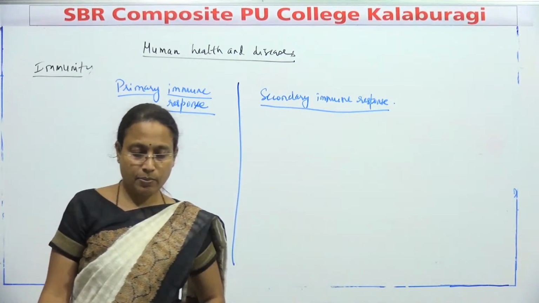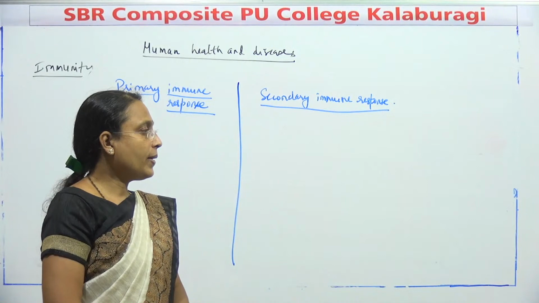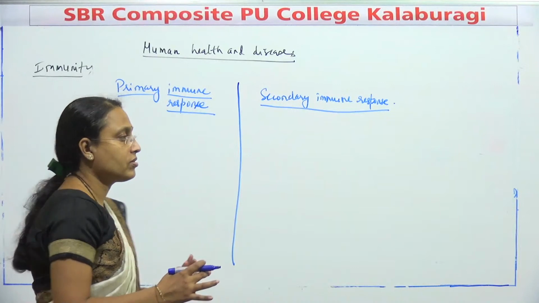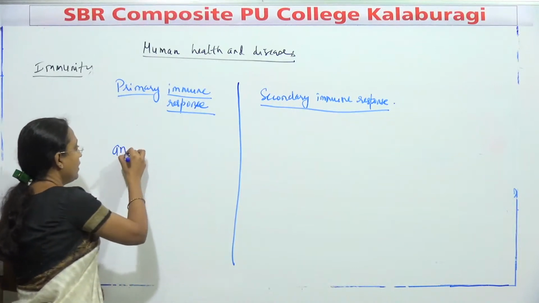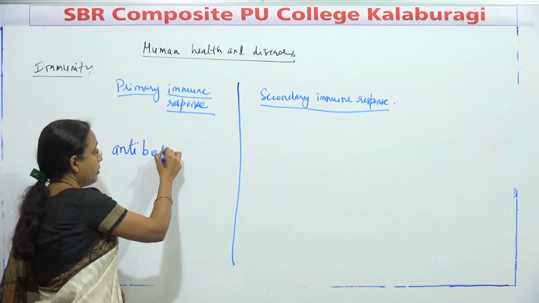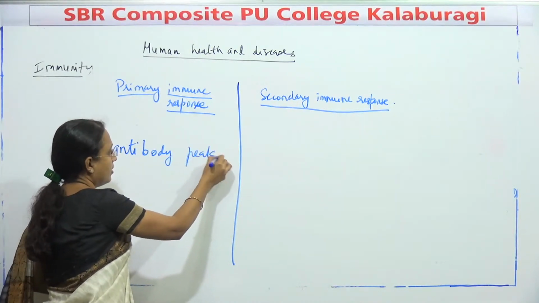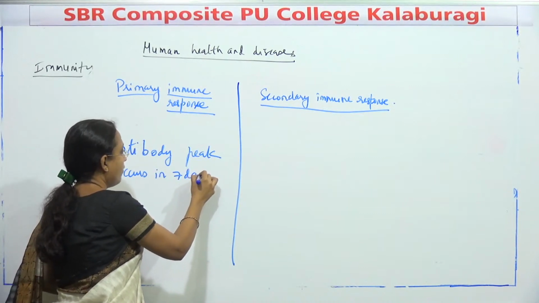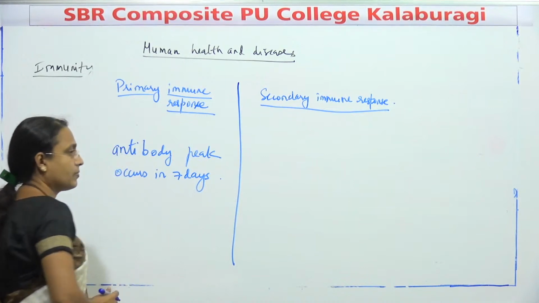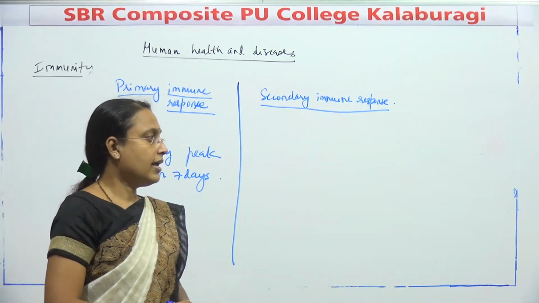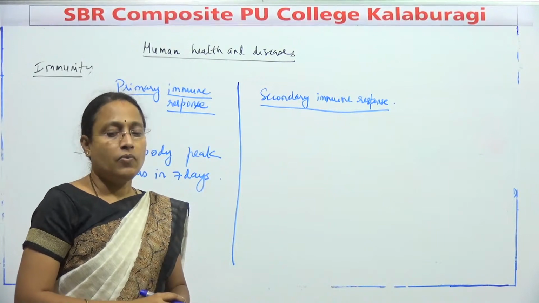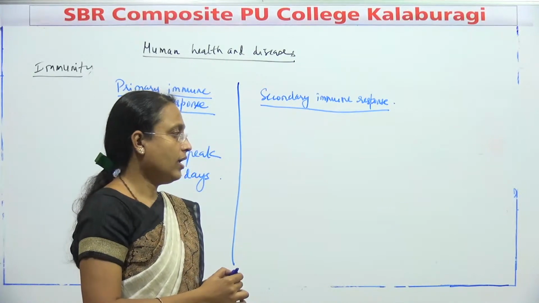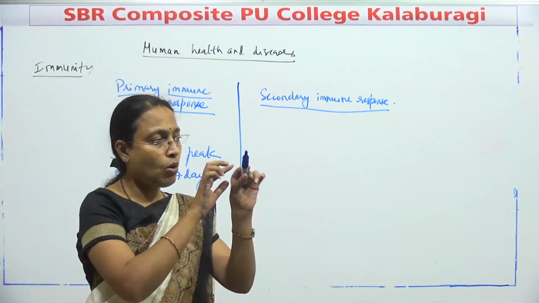For the primary response, the antibody peak occurs in 7 days. Antibody means immunoglobulin. That means the first time a pathogen has gone inside the body, the immune system is trying to know all the antigens.